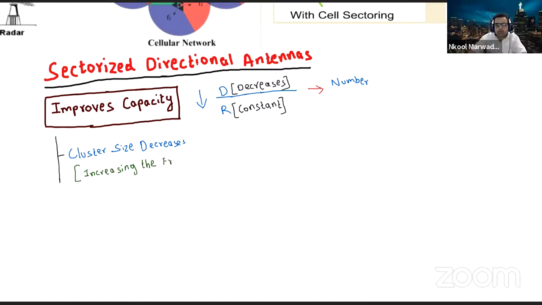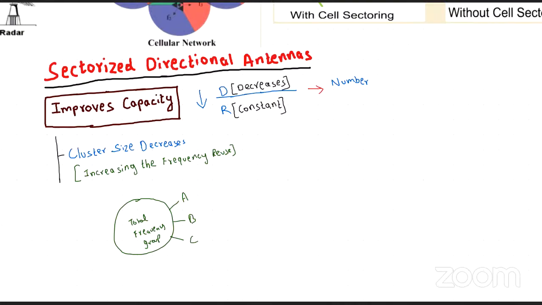So you can assume it like this. Let us suppose I have one pizza. Let us suppose this is the total frequency channels, the total frequency groups. Now, if the cluster size is increasing, it means that I have to distribute it among A, B, C. But if cluster size is decreasing, then the division will decrease.